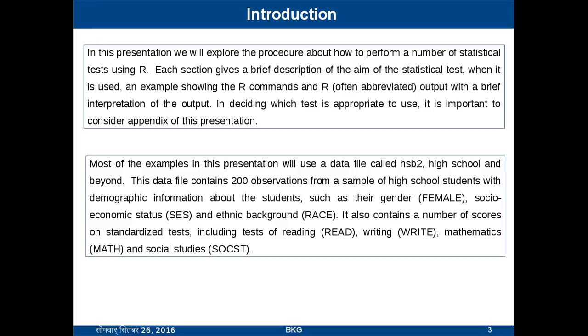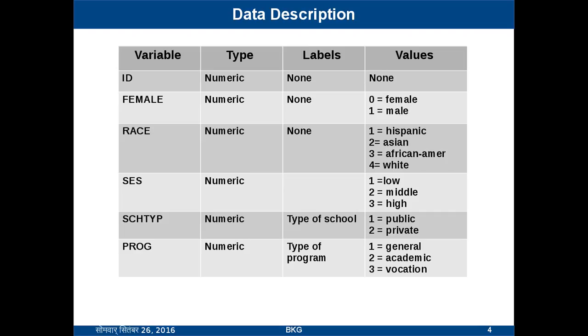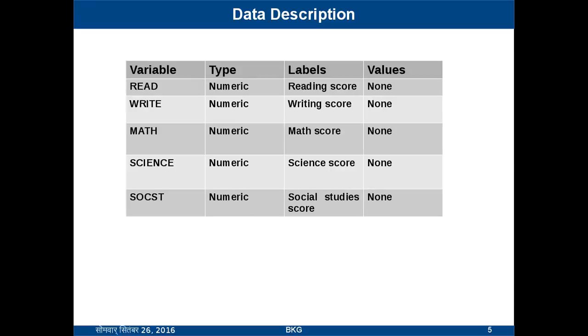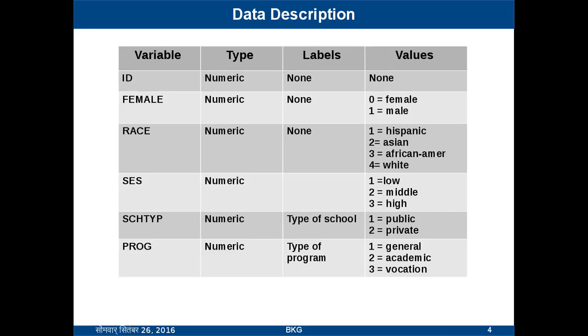Now let us see the explanation of each of the variables in the data file in detail. We have in total 11 variables.